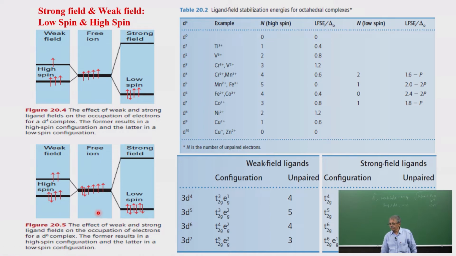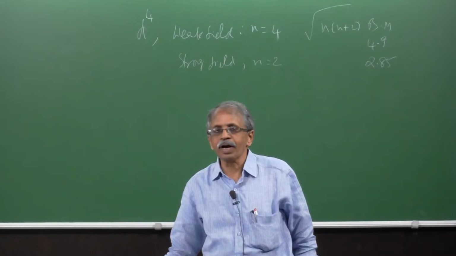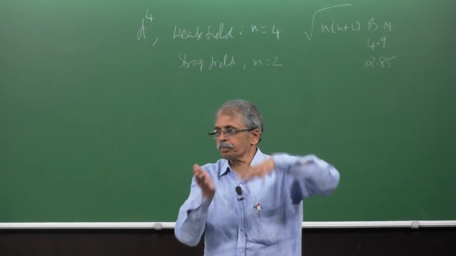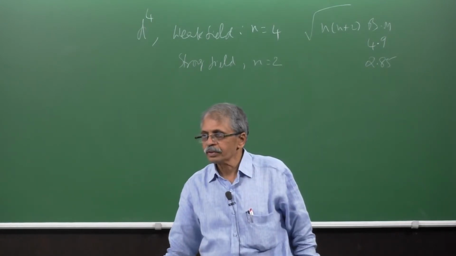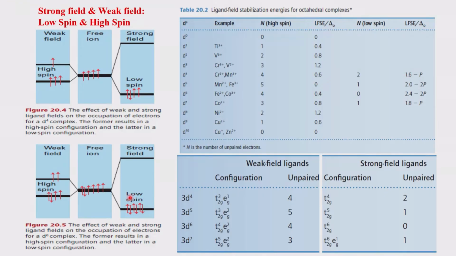On the other hand, if you have a strong field, you have a huge gap, therefore it pairs, because the repulsion will be weaker as compared to the field splitting, all 6. So what is the net n? 0. So this becomes diamagnetic for a d6, while this will become highly paramagnetic.